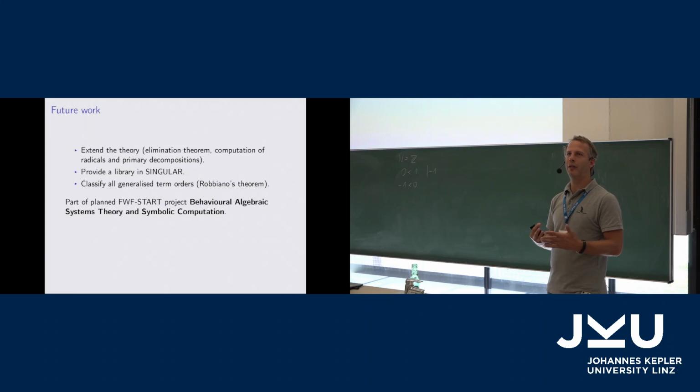I'd like to classify all these generalized term orders in an analogous way as there is for the polynomial ring, where you can write every term order as applying a lexicographical order after you apply a matrix with real entries. That's Robbiano's theorem. All this is part of a larger project which I am applying for currently, and I hope that it works out. Thank you very much.